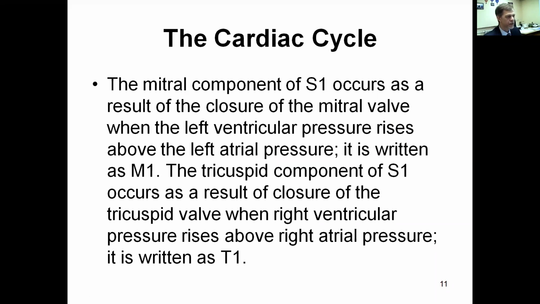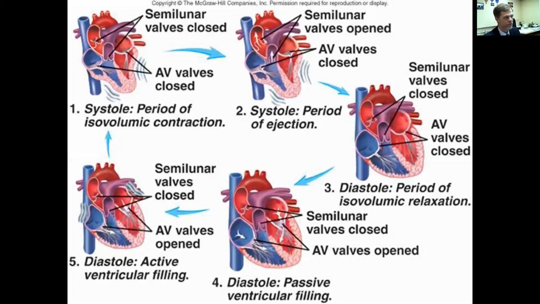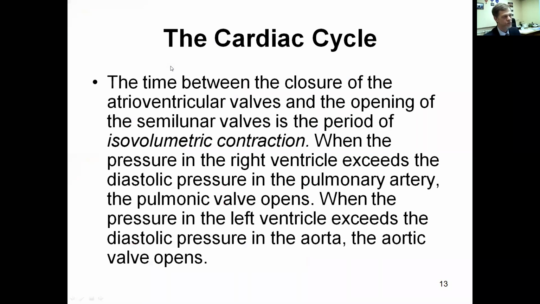So again, S1 has 2 components: M1, closure of the mitral valve, and T1, closure of the tricuspid valve. Again, the same picture: this happens at the beginning of systole, when we have closure of AV valves as ventricles contract, and this produces the first heart sound.